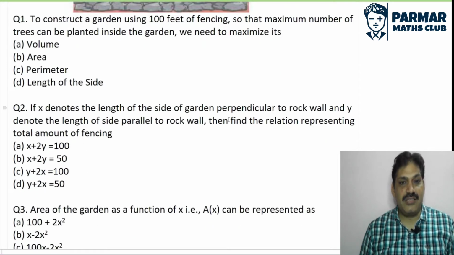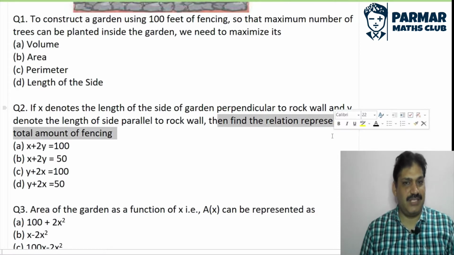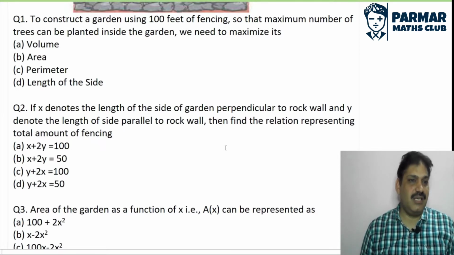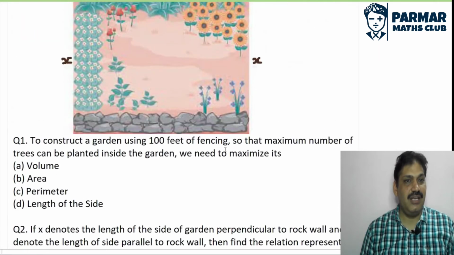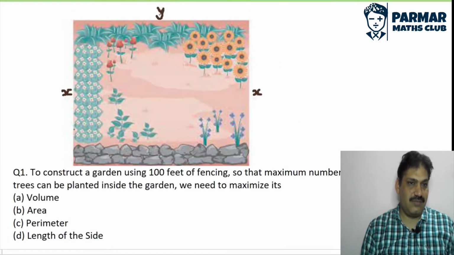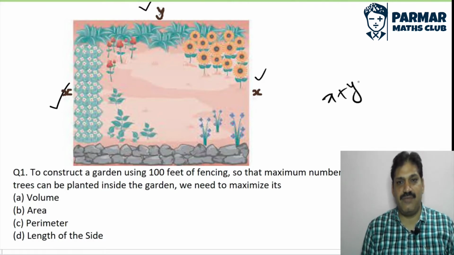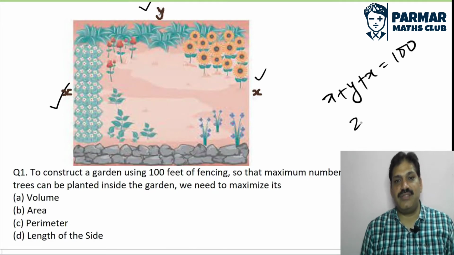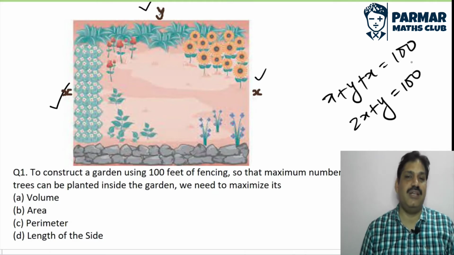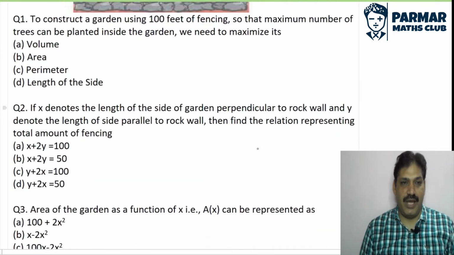Now we are asked to find the relation representing the total amount of fencing. So the total amount of fencing is 100. Obviously this will be the sum of the fencing, x plus y plus x. So x plus y plus x will be equal to 100. That means 2x plus y is equal to 100. This will be the relation between x and y.